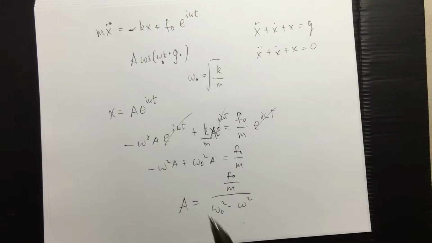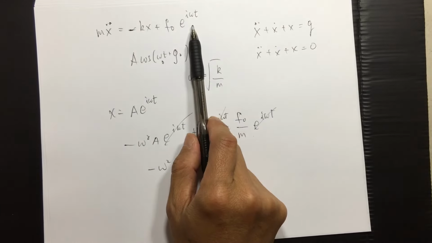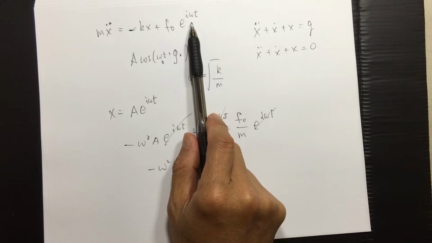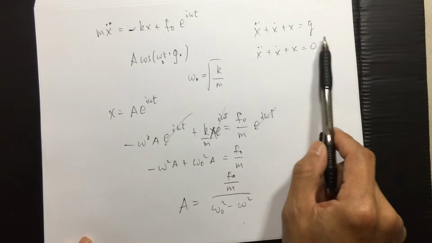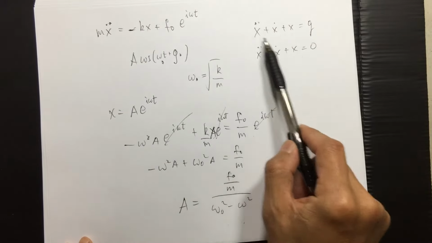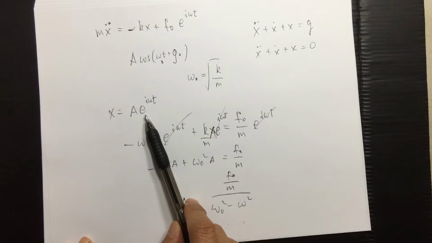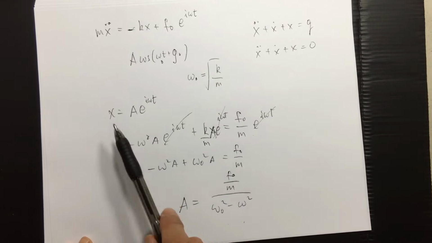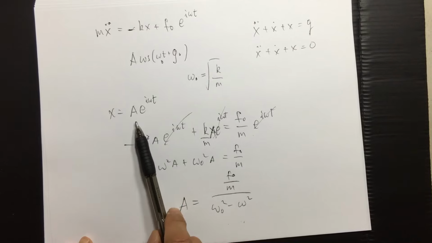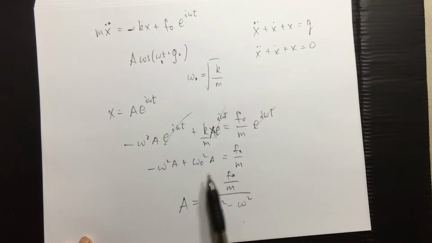We just say it's a no-friction spring with the outside force at this omega impacting on it. The solution is the solution for the zero one plus the unique one here. I just make one, and this solution works. And A for this solution equals this.